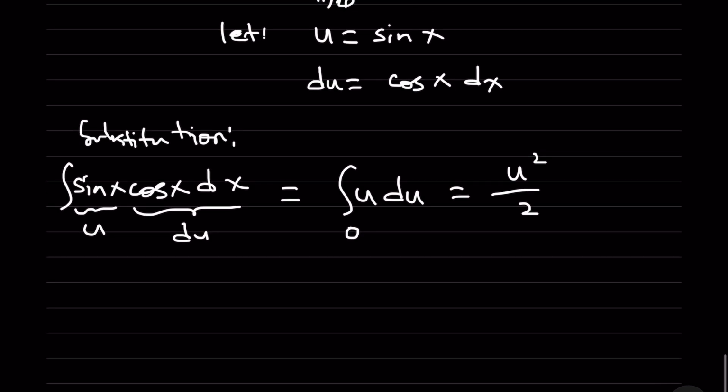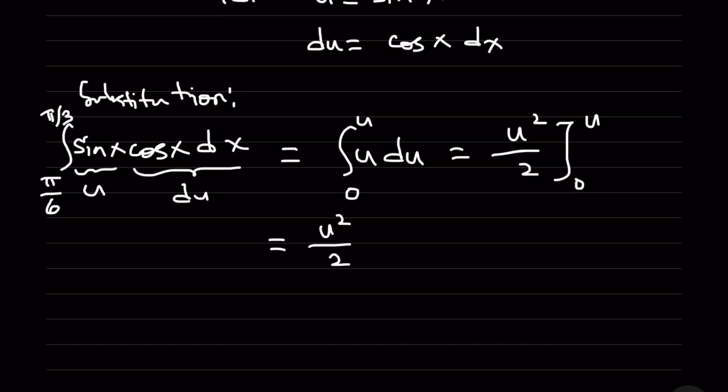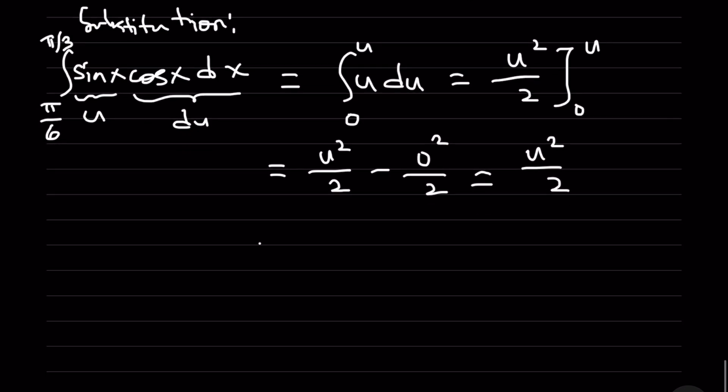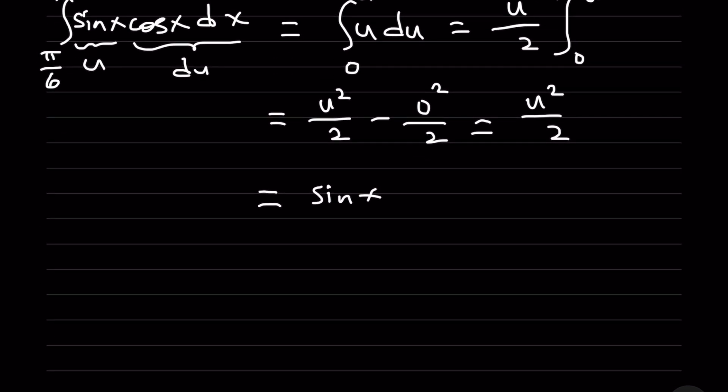So this is equal to the integral of u du from 0 to u. So the answer is u squared over 2 evaluated from 0 to u. So what you have is u squared over 2. Then substitute the value of u.